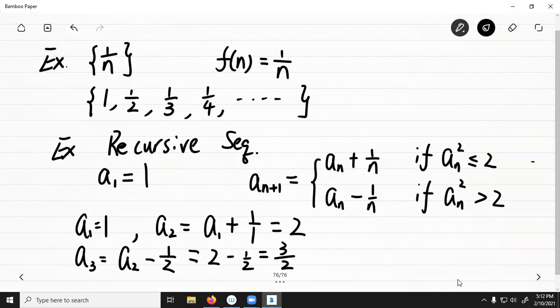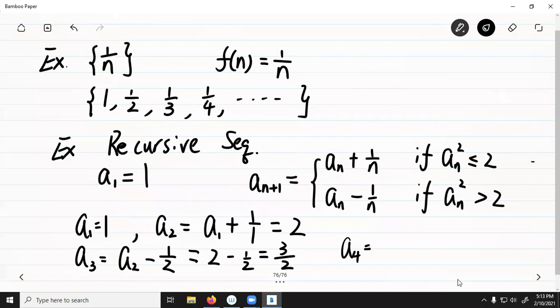So the 3/2, and A4, for example. A4 equals what? The top one or the lower one? How do you determine which one? We need to check A3 squared, which is 9 over 4. 9 over 4 is greater than 2, so which one should we use?